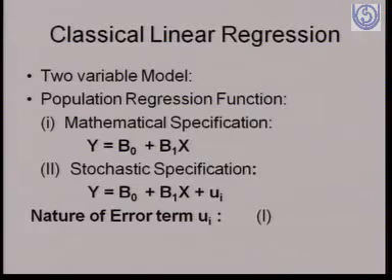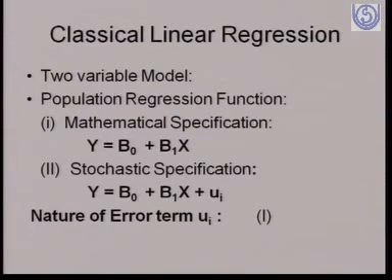This is the relationship as we expect would be present. But we do not remain satisfied with the mathematical specification, which is y equals b0 plus b1x. We rather prefer to operate with a stochastic specification of this very model. Here we have included the term ui, which is the stochastic term.